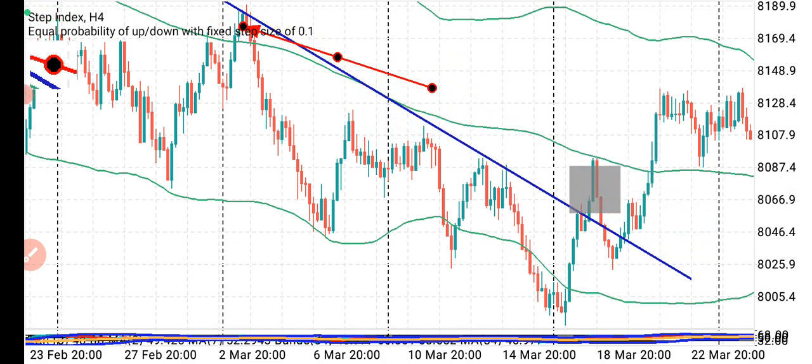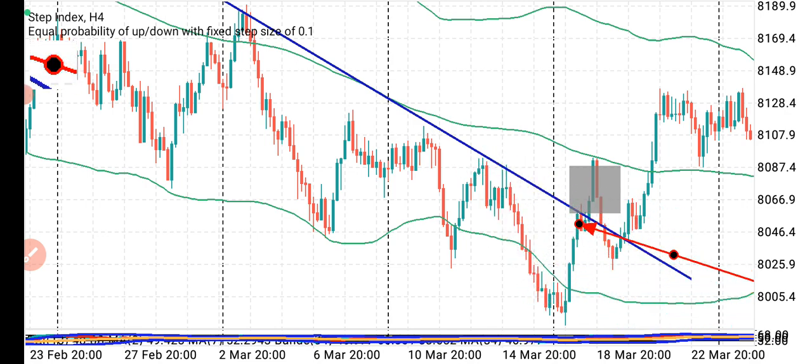Okay, now we have our high, we have this first high, we have this second high, this is our lower high, we have our lower low, we have another lower high, a lower low, a lower high, and a lower low.